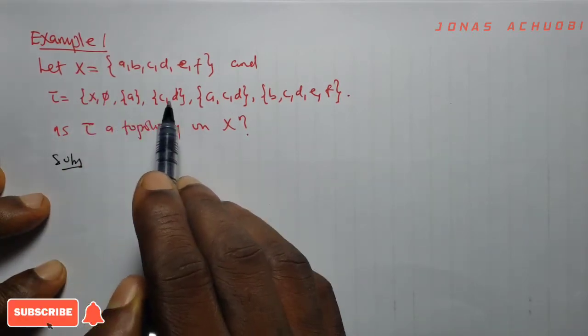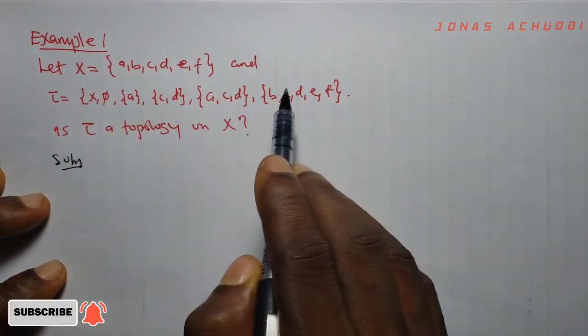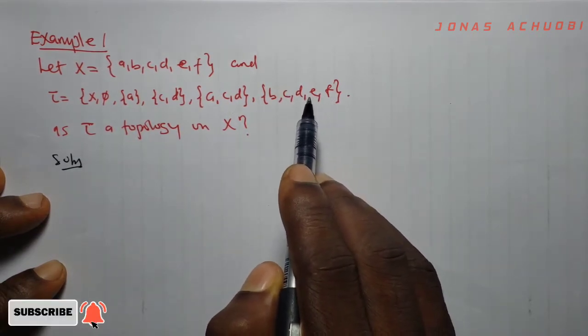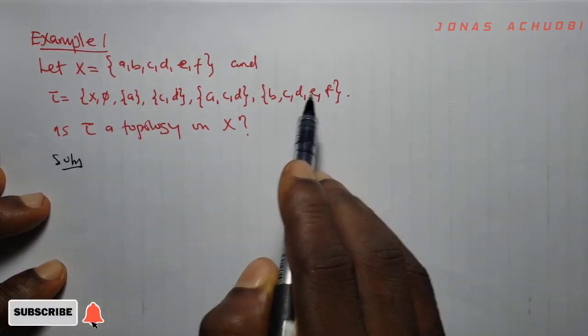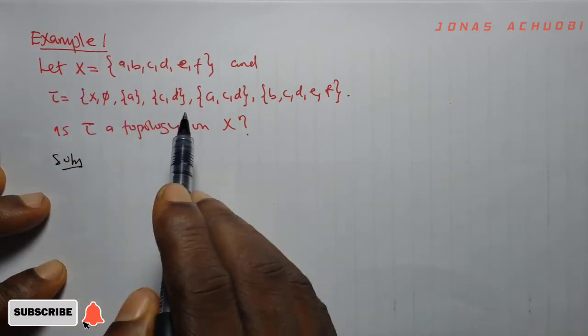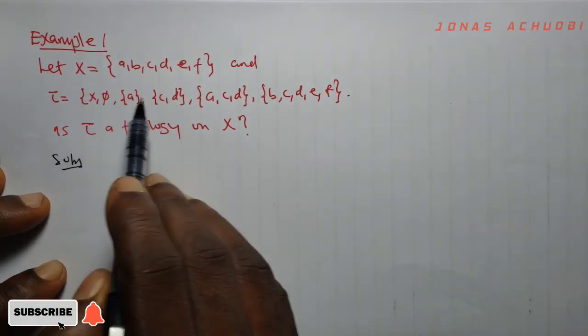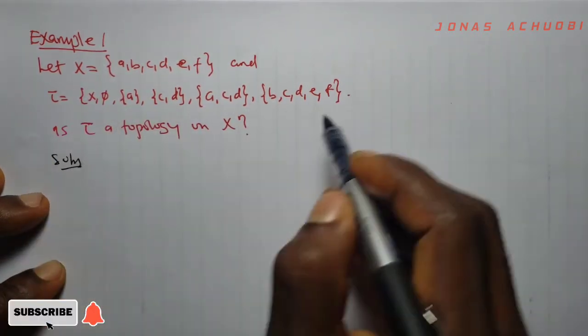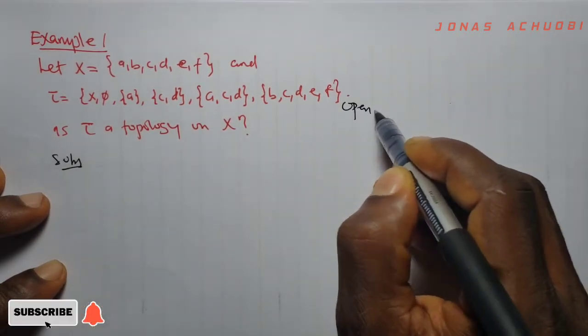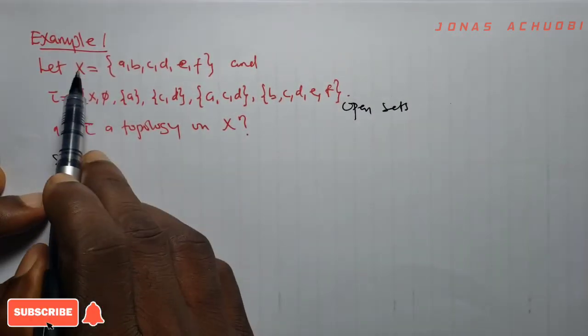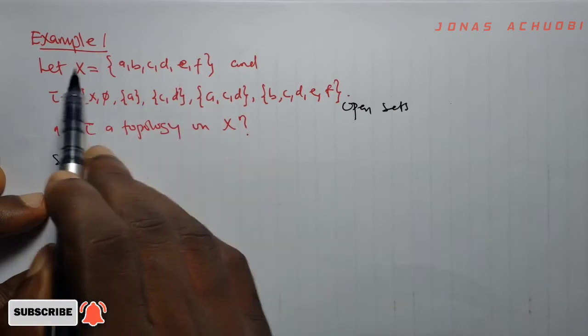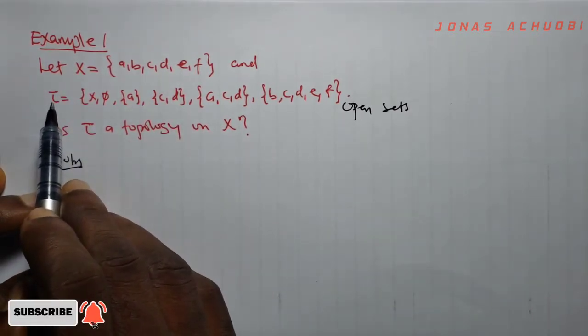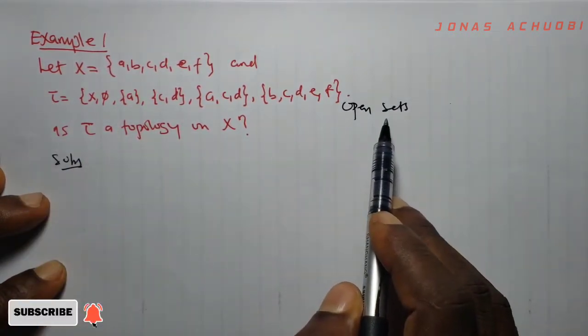We have {A}, we have {C, D}, we have {A, C, D}, we have {B, C, D, E, F}, and these are all subsets of set X. A point to note: these elements of tau are called open sets. The elements of the non-empty set X are called elements of X, while the elements of the collection tau are called what? Open sets.